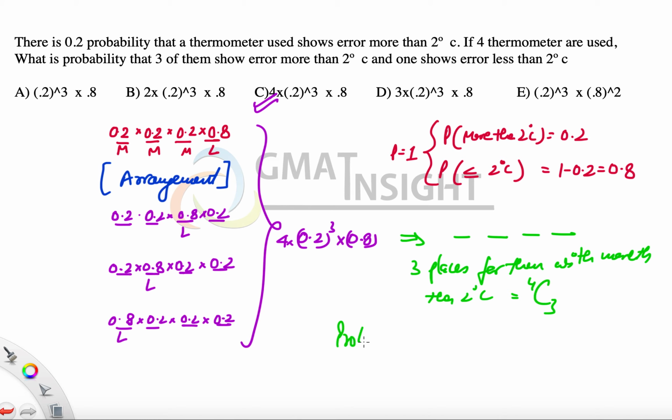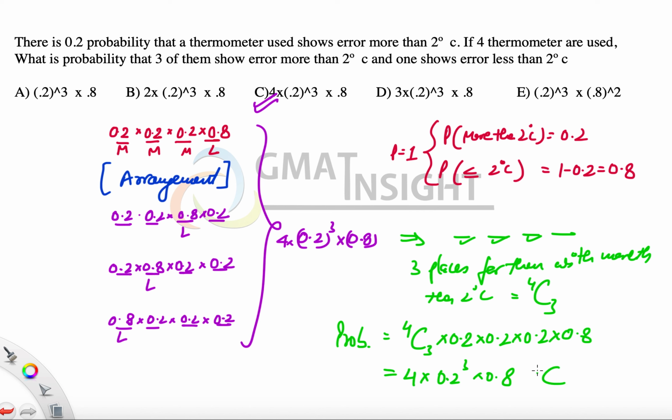So we are first choosing 3 places for those thermometers which show more error. Let's assume those 3 places are these 3. The probability for each one of these 3 places will be 0.2 times 0.2 times 0.2. And for the fourth place, the probability of the thermometer showing less than 2 degrees Celsius error is 0.8. That becomes the same answer: 4 times 0.2 cubed times 0.8.